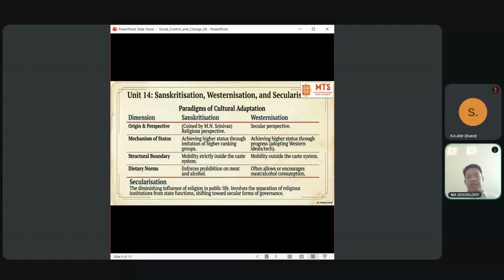There are certain constitutional rights and regulations that an individual needs to follow. So India is said to be a secular state.